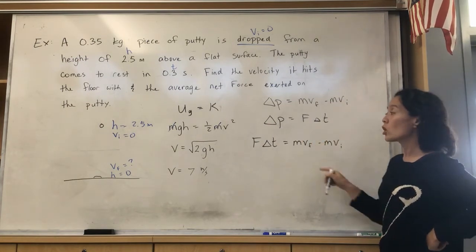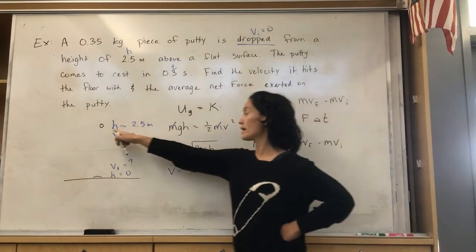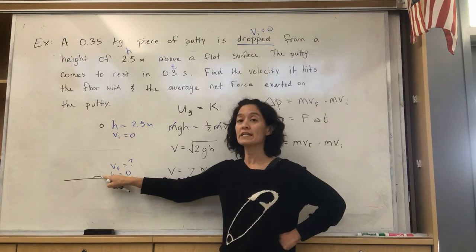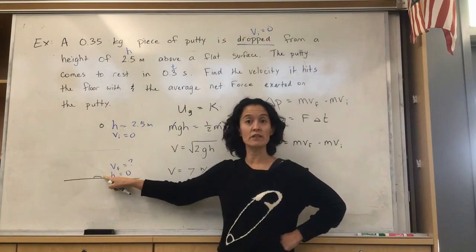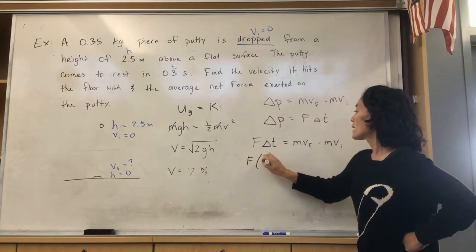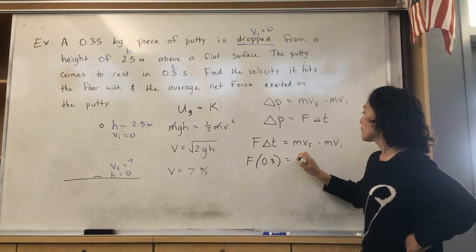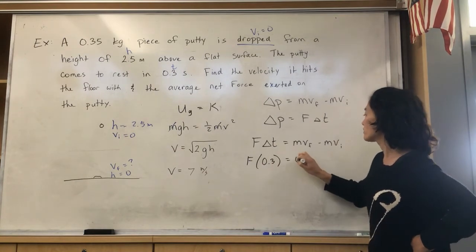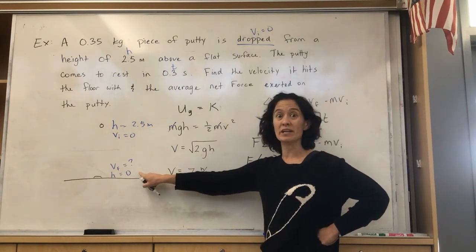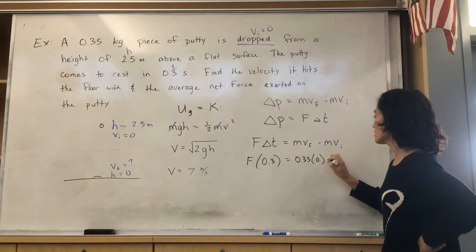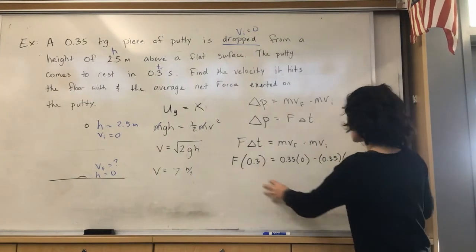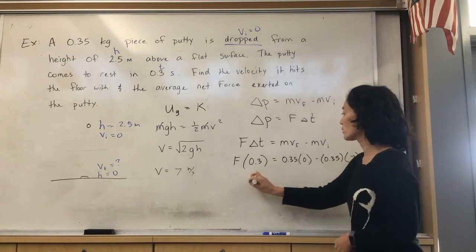Keep in mind, at this point we are not looking at its journey of falling down. We are just looking at the point where it hits the ground with a velocity and then has a velocity of 0 after 0.3 seconds. So my time is 0.3, my mass is 0.35, my final velocity after that 0.3 seconds is 0, it comes to a stop, so that's 0.35 times 0, minus 0.35 times my initial velocity, which I found to be 7. And we can go ahead and calculate the force.